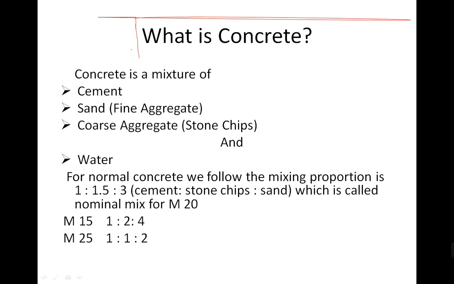Generally concrete is a mixture of cement, sand, coarse aggregate, and water. Sand is a fine aggregate, coarse aggregate means the stone chips, and we add water. So how is the mixing done?